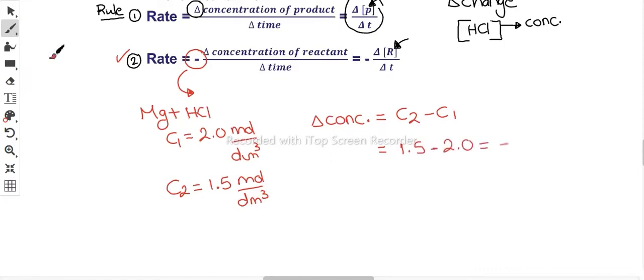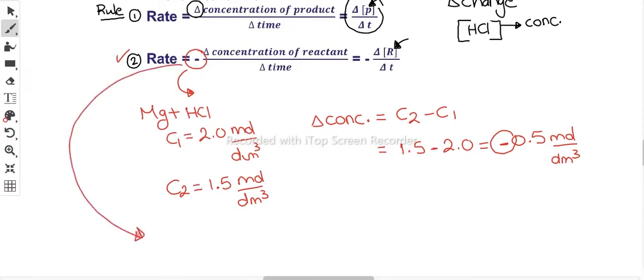If you subtract, you're going to find that a negative sign will appear. In order to overcome this negative from my change in concentration, it is so important to multiply by a negative outside.